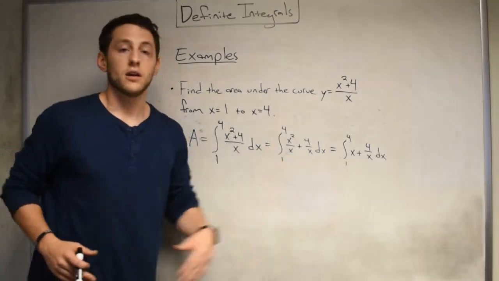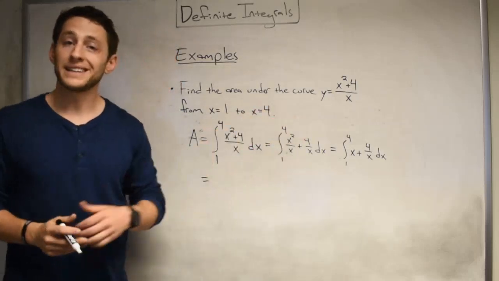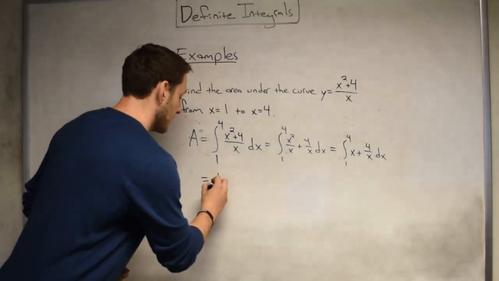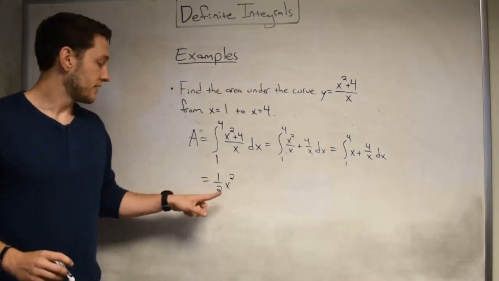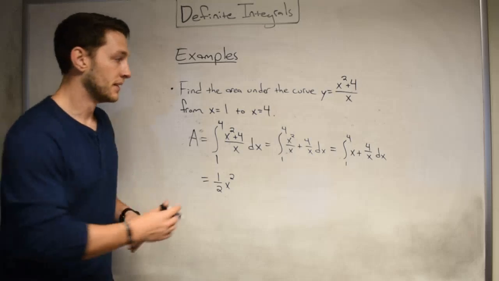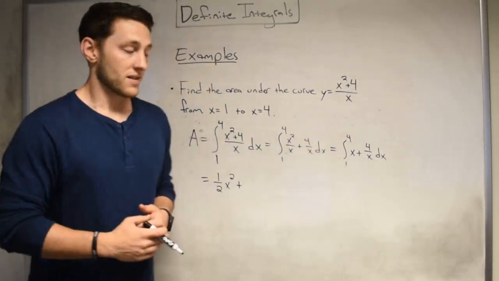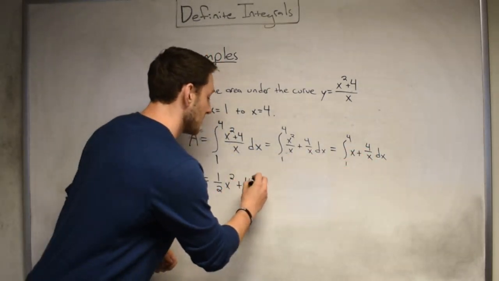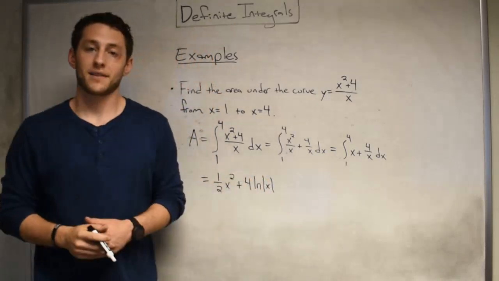So, once we're here, go ahead and compute the antiderivative. Go ahead and integrate it. When we integrate x, we get 1/2 x squared. Add 1 to the power, divide by the power you landed on. The integral of 4 over x, and now we have an x to the negative 1 power, is going to be 4 times the natural log of the absolute value of x.